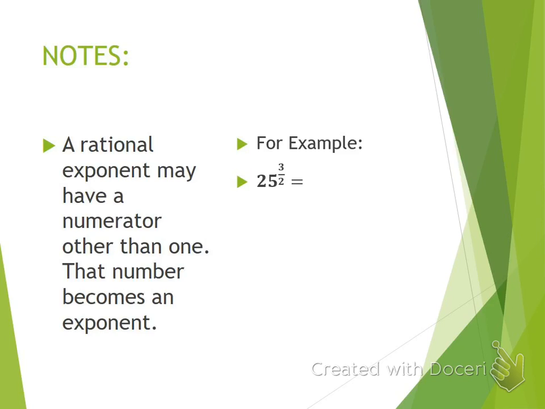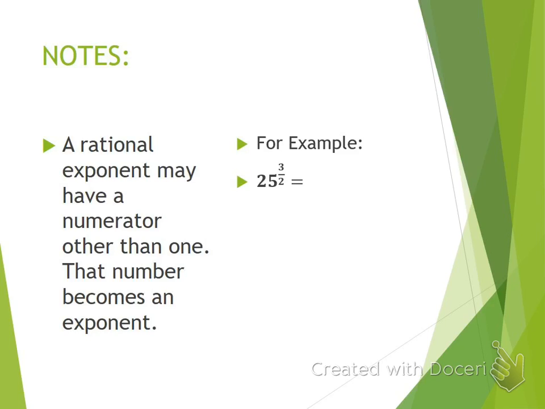A rational exponent may have a numerator other than 1. That number becomes an exponent. So the denominator still tells us what type of radical to use, a square root, a cube root, so on. And then the numerator becomes an exponent on that number underneath the radical.